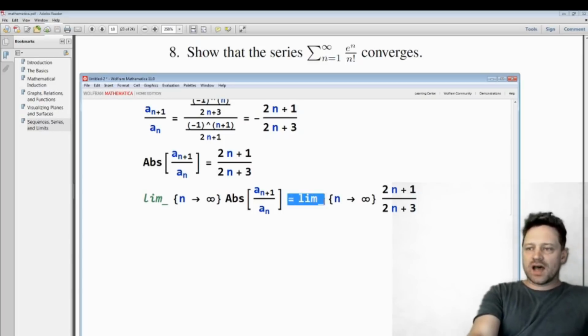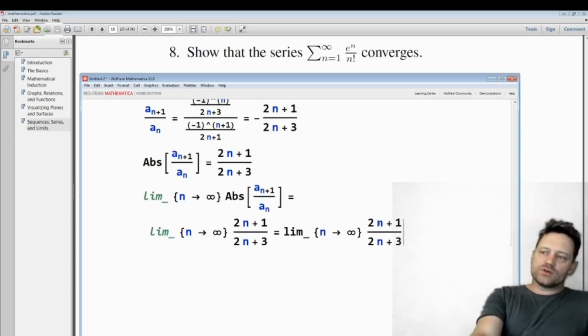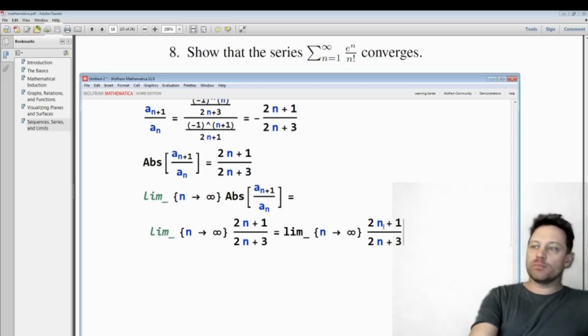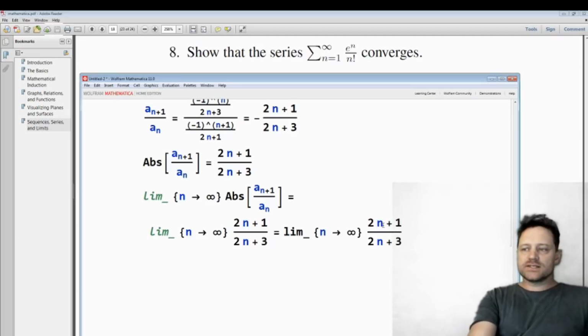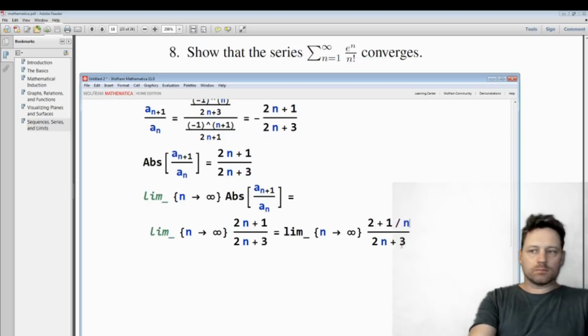Now to evaluate that limit, what we want to do is divide numerator and denominator by n. When we do, we have 2 plus 1 on n and 2 plus 3 on n.